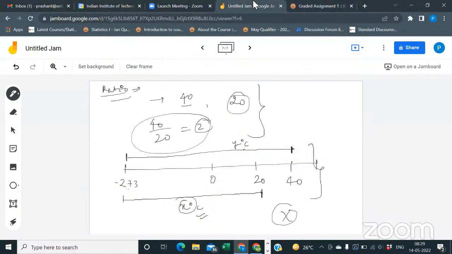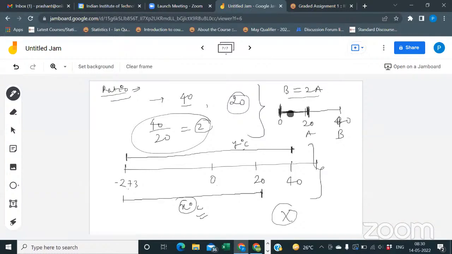Similarly, suppose the lower limit of marks is 0, and A got 20 marks and B got 40 marks. I can say B got 2 times the marks of A, because there is an absolute 0.